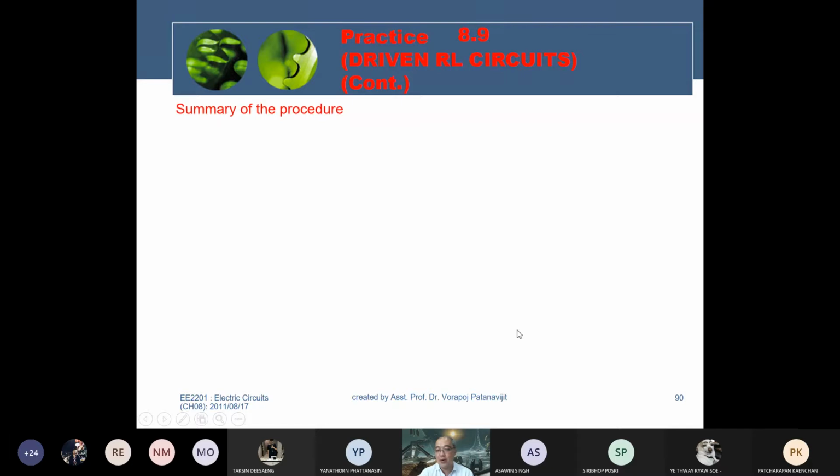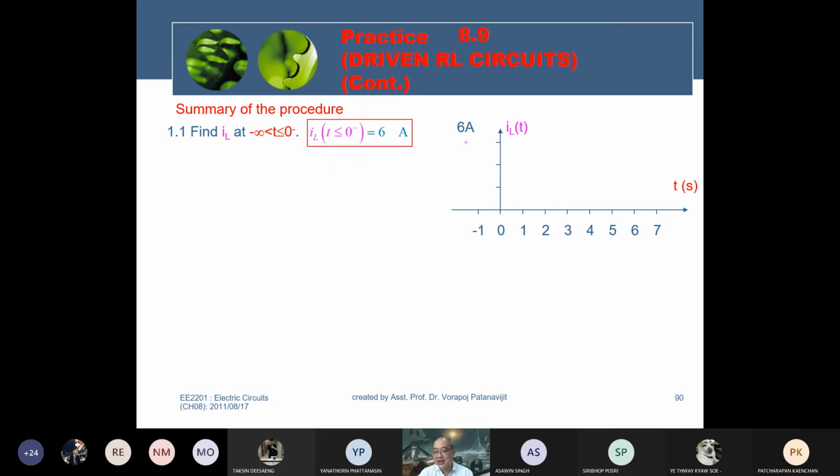Now from the overall point of view, for time less than 0, the source is very big, the source is still equal to 60 volt. It charges the inductor until it is fully charged. It performs like a short circuit at that time, and the inductor current equals 6 amp. And at time equal to infinity, the source is changed to 6 volt instead.